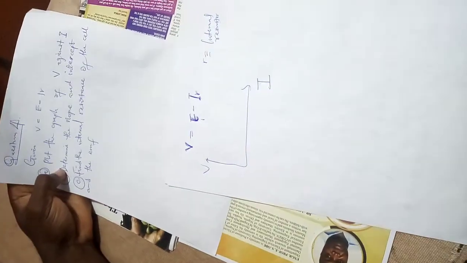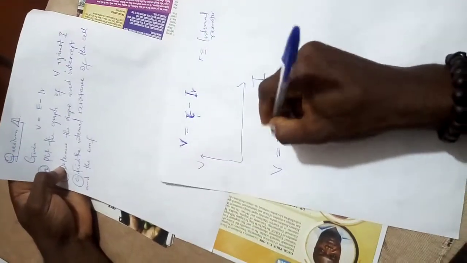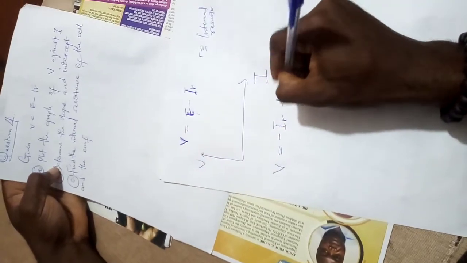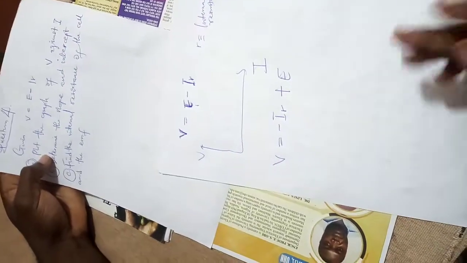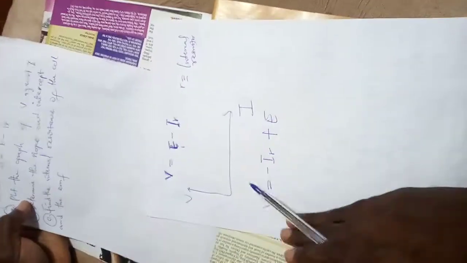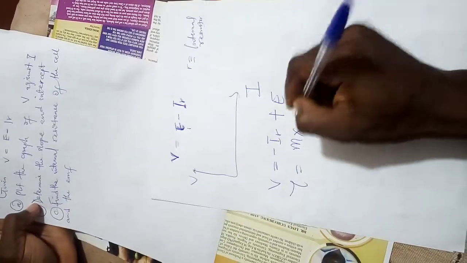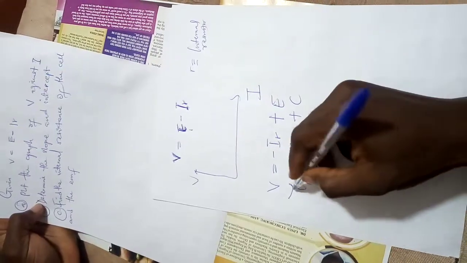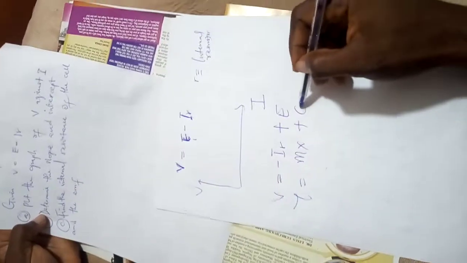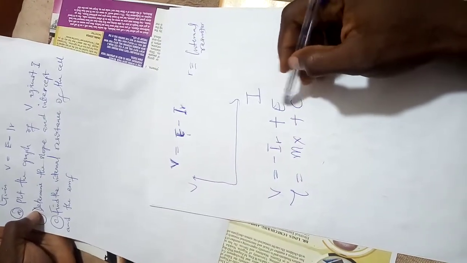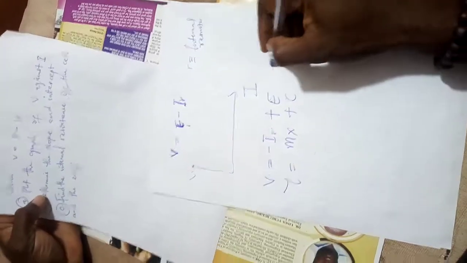Now from here, remember we are plotting V against I, so I can rearrange this so that my I comes here, then I have plus E. You see, I did not change any sign. This is still negative, and this is positive, because I did not cross over the equal sign. So finally, if we compare with the equation of a straight line, we see that V is on the y-axis, and we have c, which is the intercept, corresponding to E, the EMF.